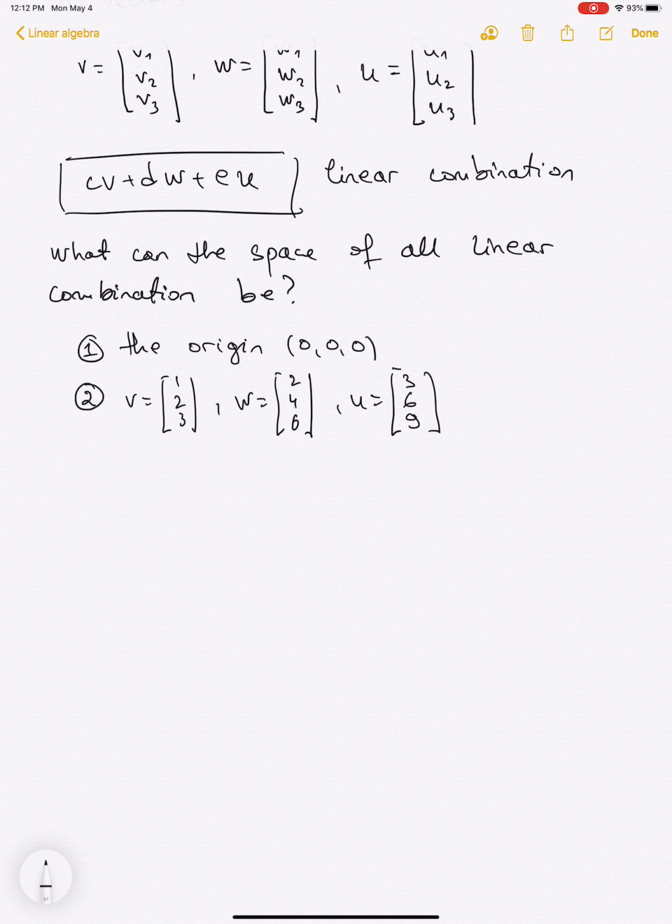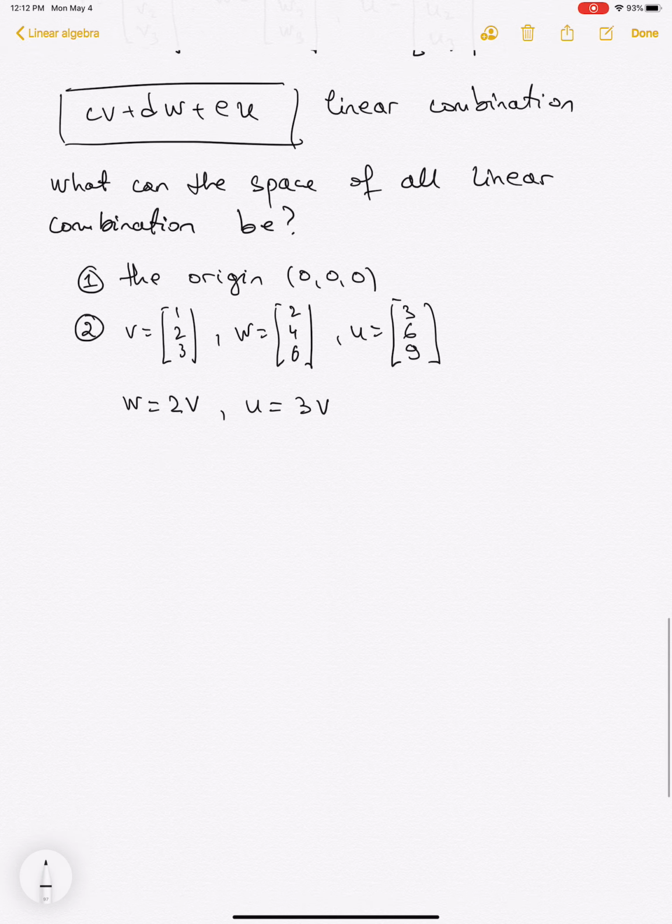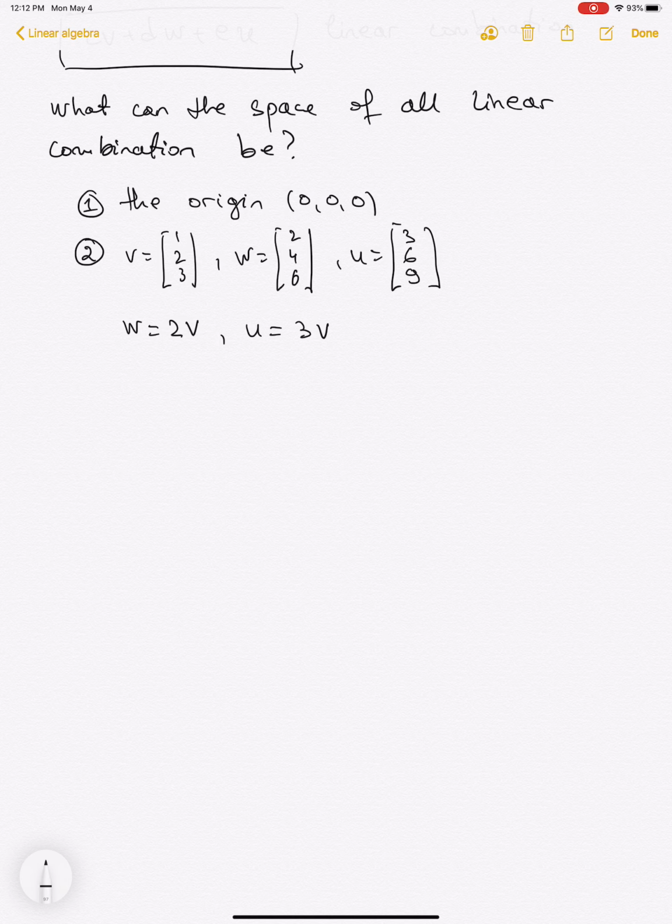Well, then any linear combination would be a multiple of V. Why is that? Well, we see here that W is in fact 2V and U is in fact 3V. So when we look at a linear combination, CV plus DW plus EU, what we get is C times V plus D times, now instead of W, I can write 2V, and then plus E, instead of U, I'm going to write 3V.